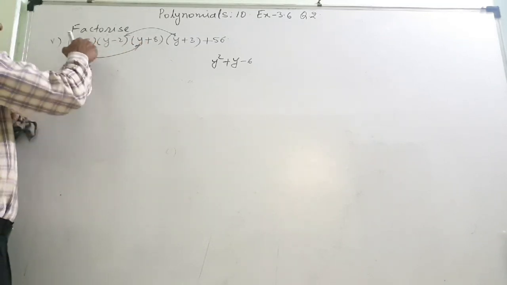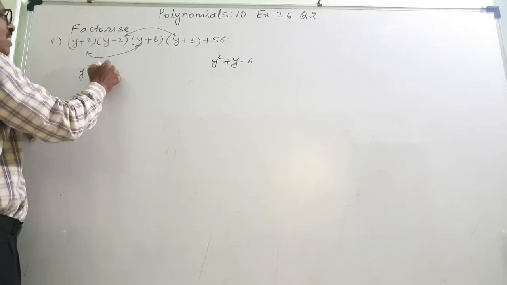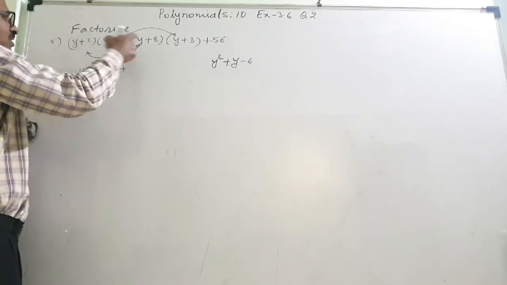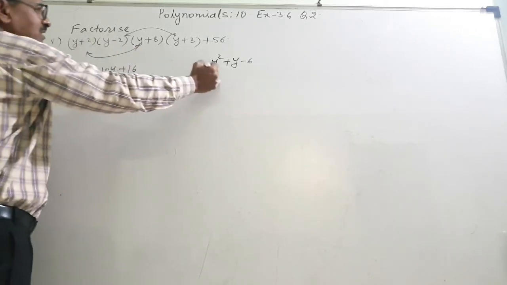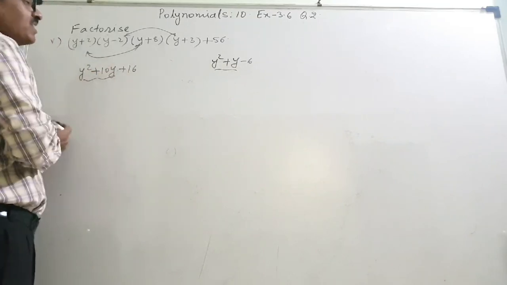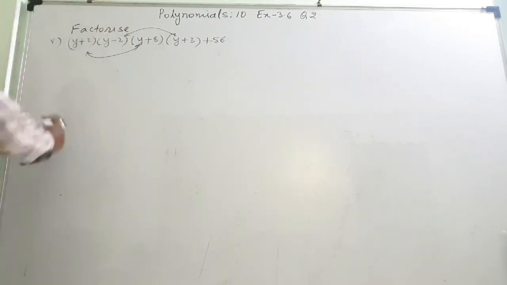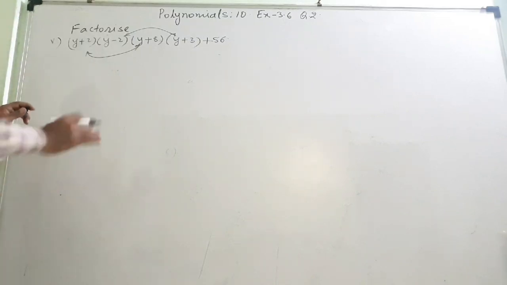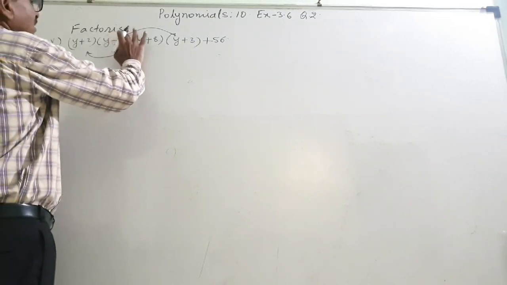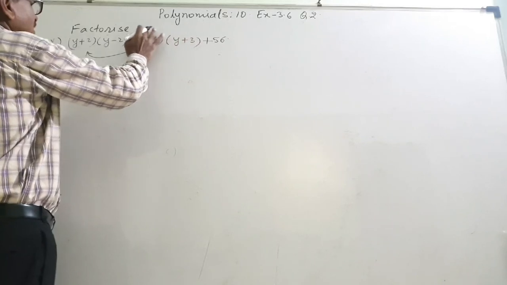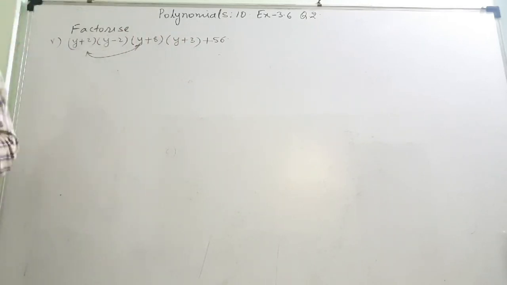Y square plus 2 plus 8 will be plus 10y and plus 8 2s are 16. These two should be same. It is not same. So no use. So I will go for the other. Let me check the question. If suppose it is wrong, then it will become very difficult.